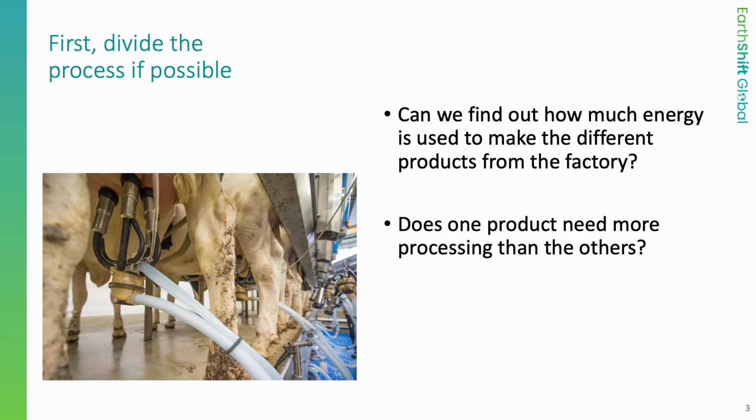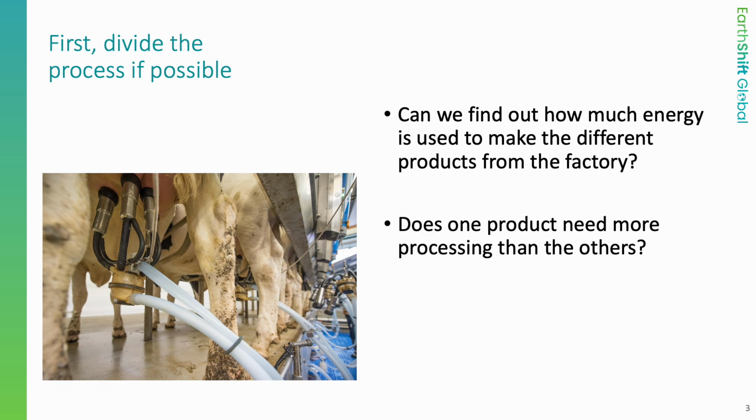The first thing we want to do is, if we can, divide the process. So for example, the milk, we don't want to allocate the impacts of the milking machine and the energy of the milking machine to the meat. We only want to allocate that to the milk.